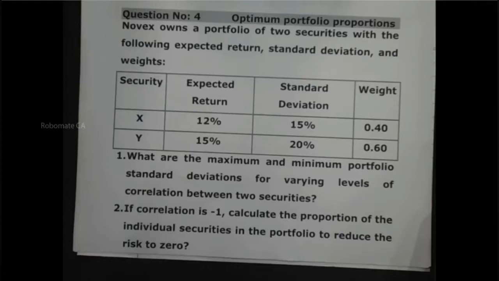Security X and Y, expected return 12%, 15%, standard deviation 15%, 20%, weight 0.4, 0.6. What are the maximum and minimum portfolio standard deviations for the varying levels of correlation between the 2 securities? If correlation is -1, calculate the proportion of the individual securities in portfolio to reduce the risk to 0.